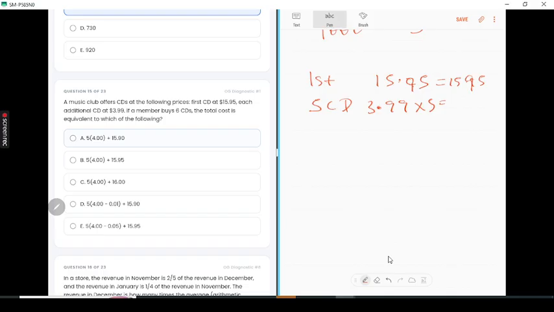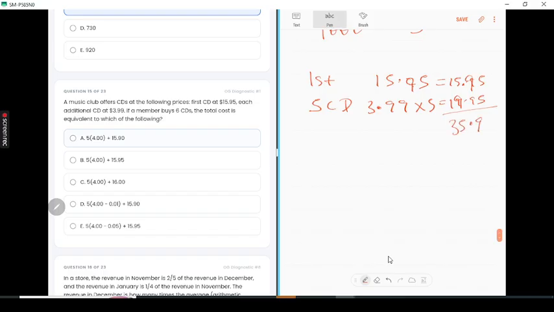Use the calculator, nothing like just use the calculator. 3.99 times 5 is 19.95. 19.95 plus 15.95, that's 35.9.